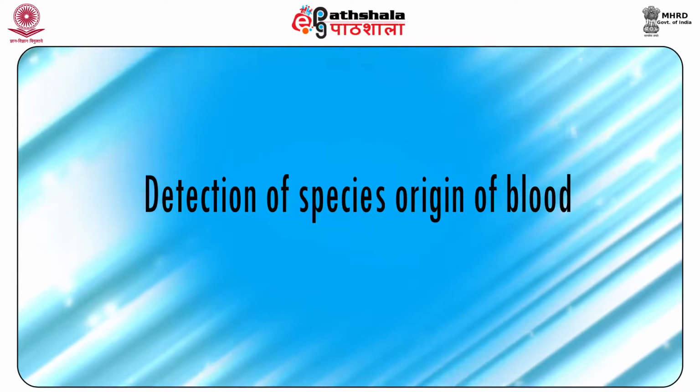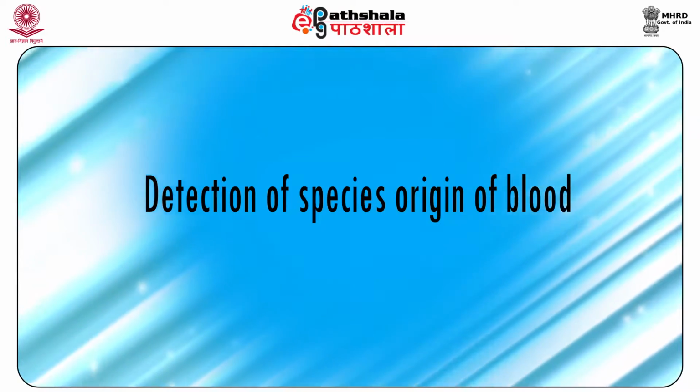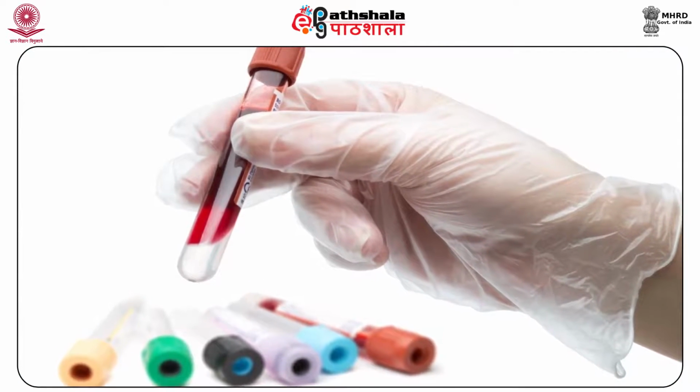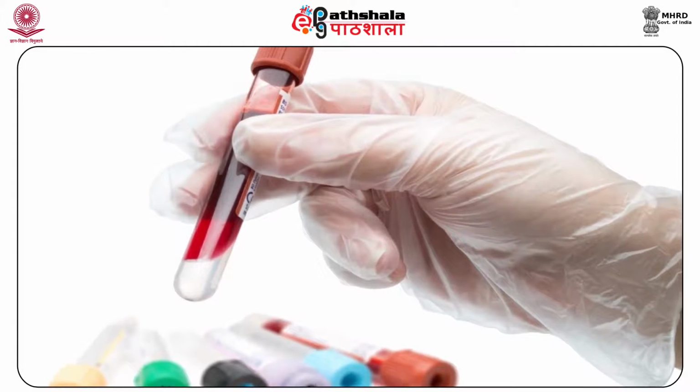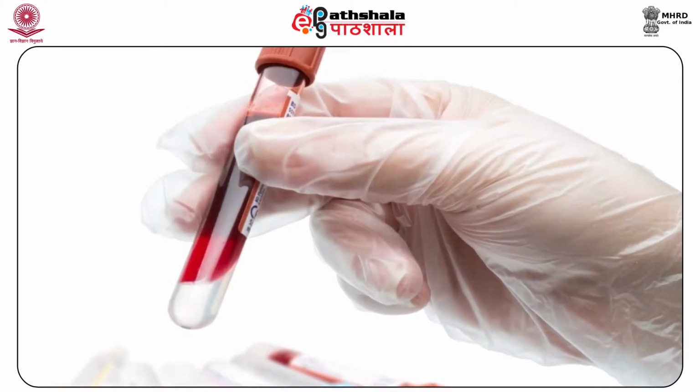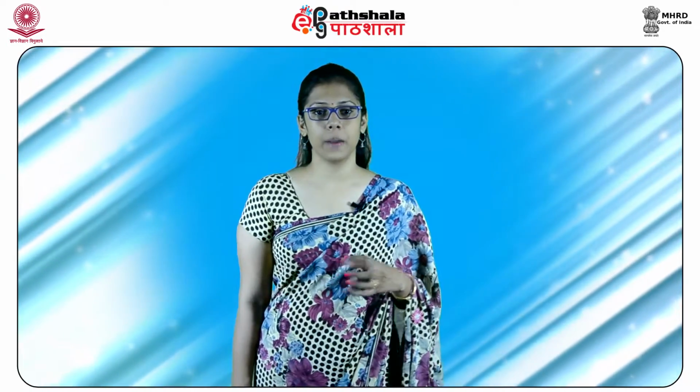Next is detection of species origin of blood. The biological evidence has to be identified to determine and confirm whether it is of human origin or not. If it is non-human origin, then to which species it belongs, the species specific protein in the blood stain or other body tissue may be identified with the help of species specific antibodies.